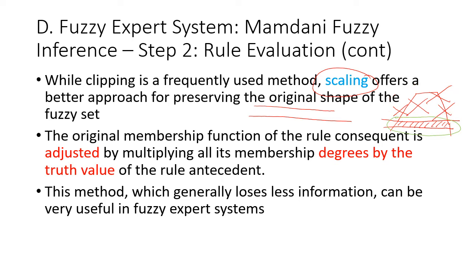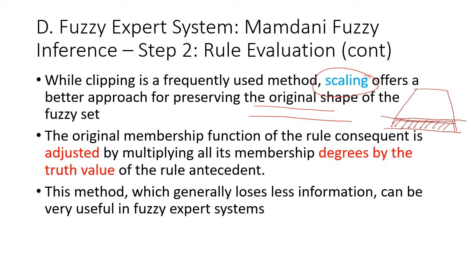However, if we do scaling and the original fuzzy set is in the form of a trapezoid, and the result of the consequent is over here, basically we are reducing the shape of the fuzzy set into still the form of a trapezoid, but to fit in the value underneath the result of the consequent. So it will still preserve the shape of the trapezoid.